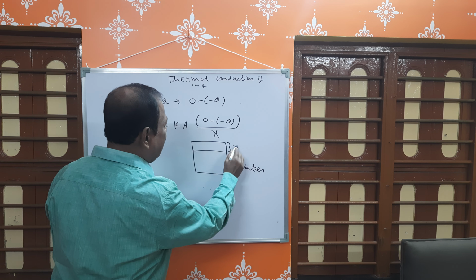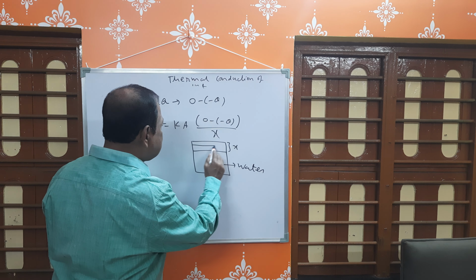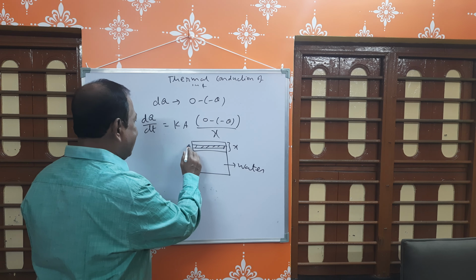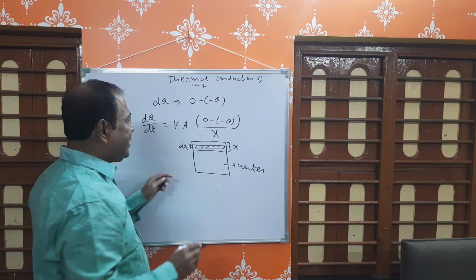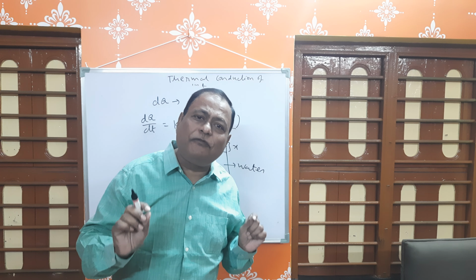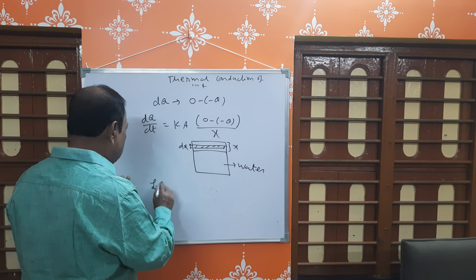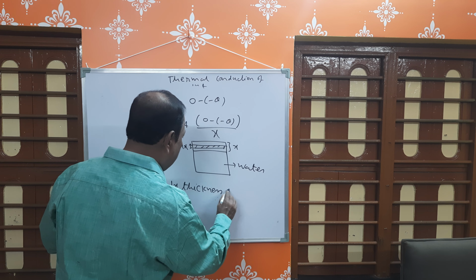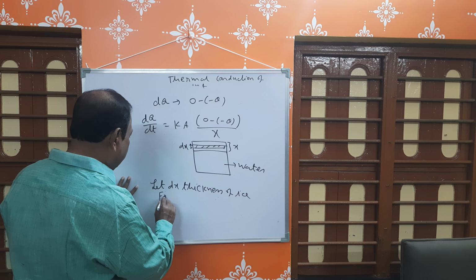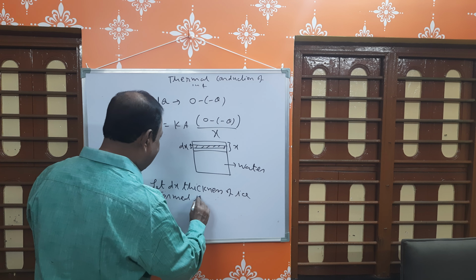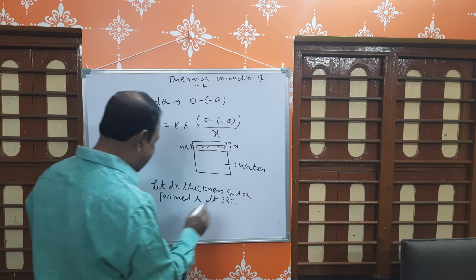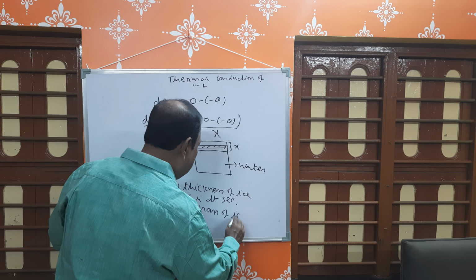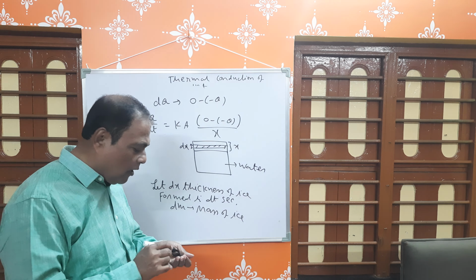This is the scenario, suppose the water, that is the ice, the thickness of the ice is X. I consider a very small section of ice, that is dx. Let dx be the thickness of ice formed in dt seconds, and dm is the mass of ice formed.